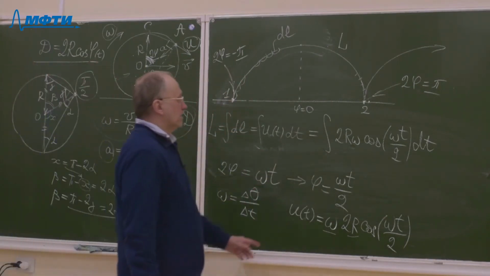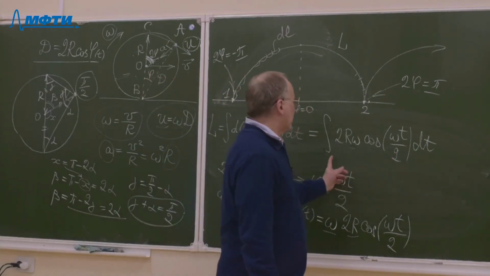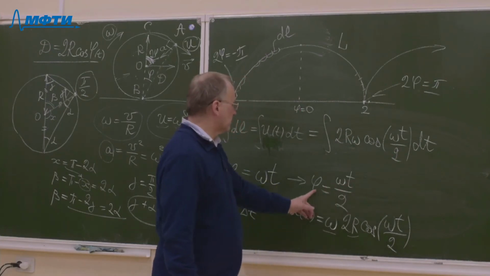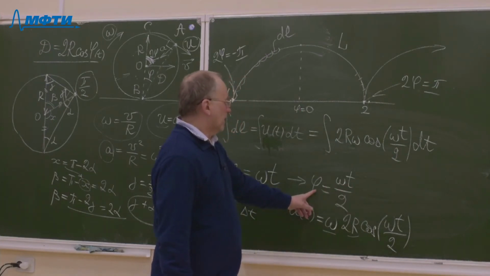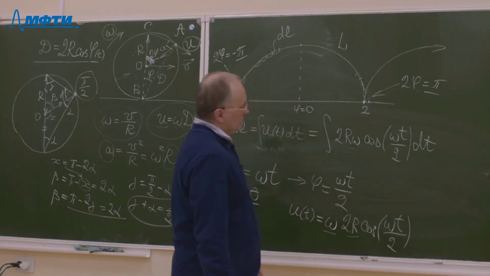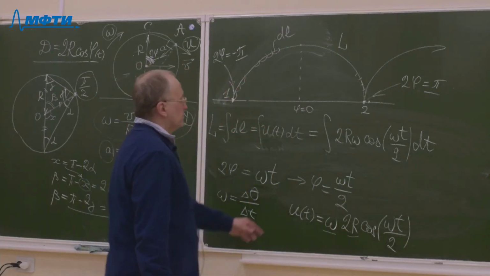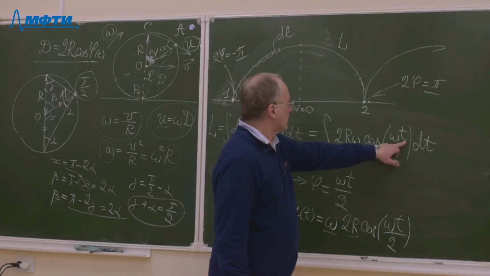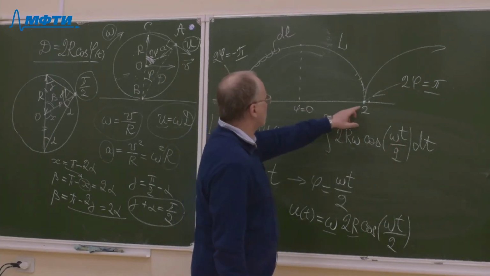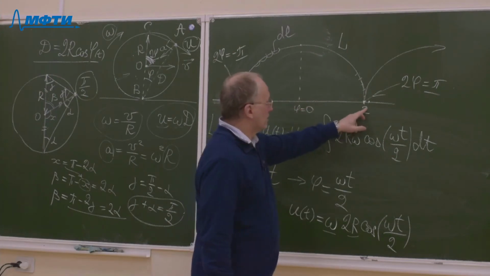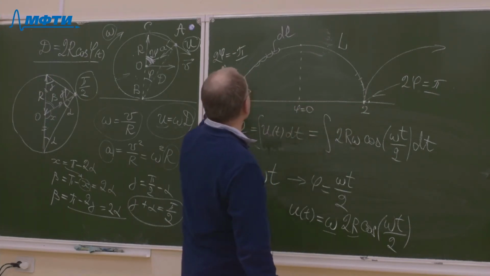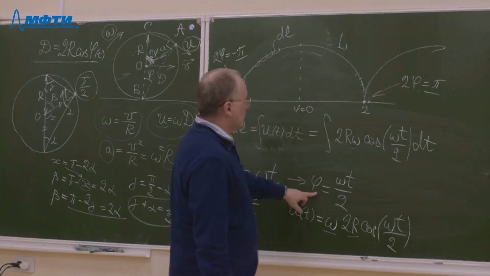So in order to take this integral, I have either to express t as a function of angle, or I have to establish the time interval related to point 1 and point 2. I have either to establish these 2 time moments, or I have to use the angle phi here.